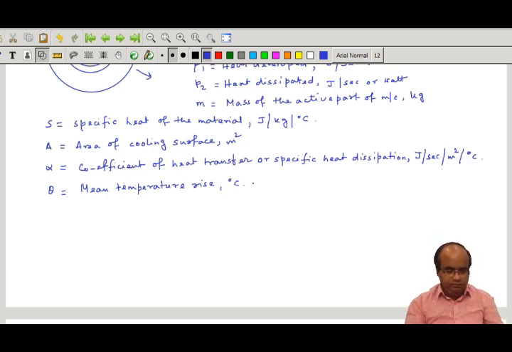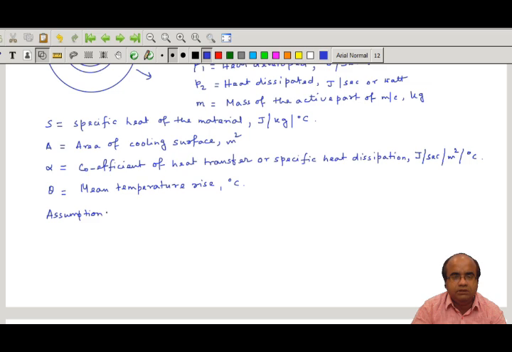Now, to derive the thermal model of the motor, we have to make some assumptions first. What are the assumptions? It is considered that the motor is running with a constant loss.